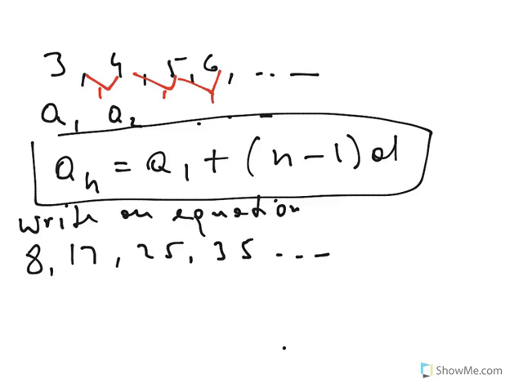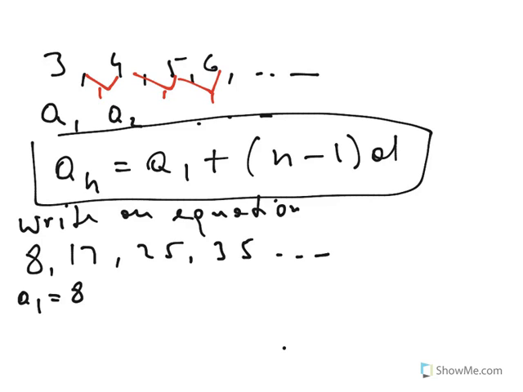And the dots show that the sequence is infinite, never ending. So from the sequence we have to know how to read that. We know here the first term, which in this case is symbolized with a sub 1. So a sub 1 equals 8. The second term is a sub 2 equals 17.